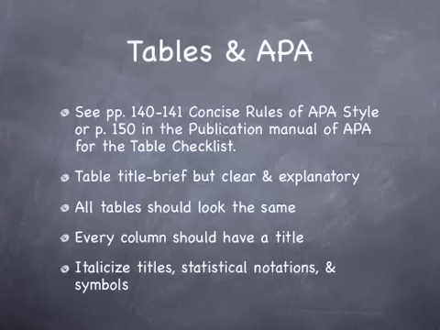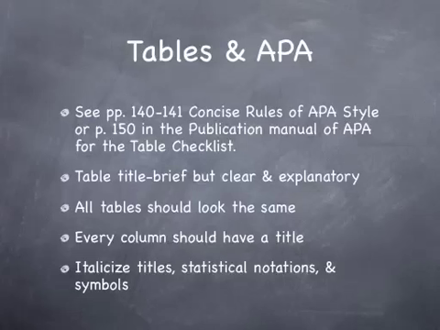You should have a table title. It should be brief, but it should be clear and explanatory. You should provide your independent variable, the dependent variable, and the number of subjects in the title, or it can be within the table itself. Provide enough information for the reader to understand what the table is about.